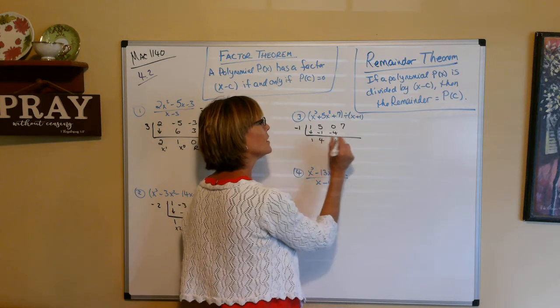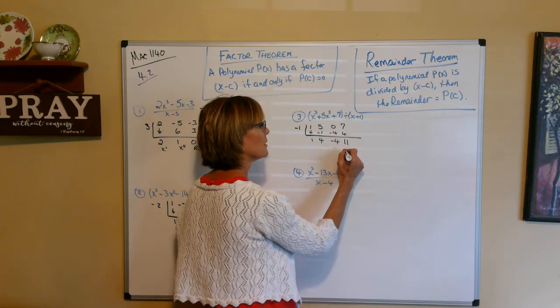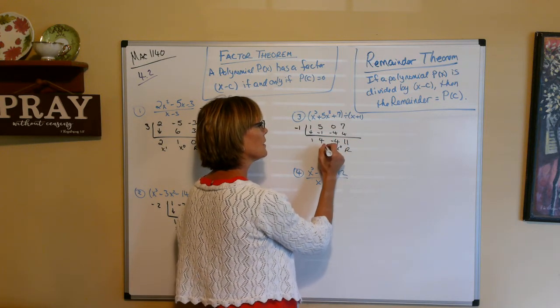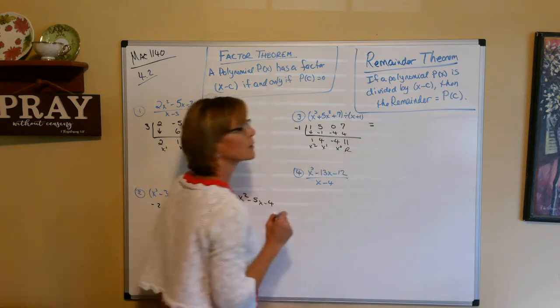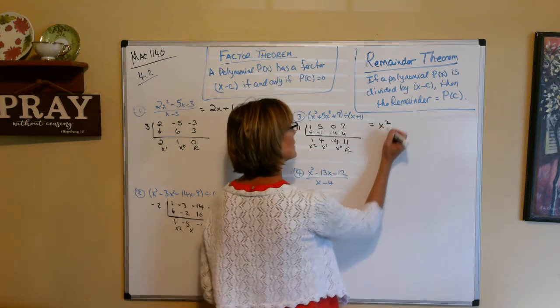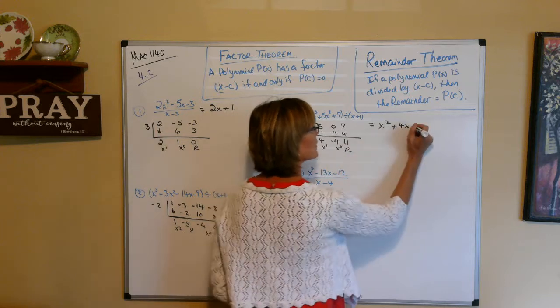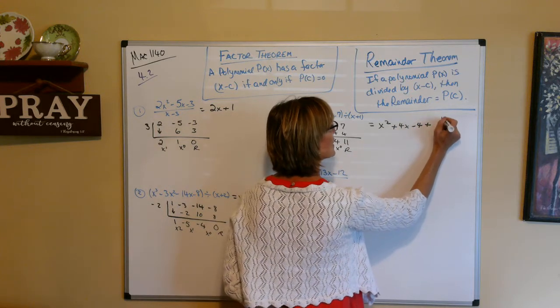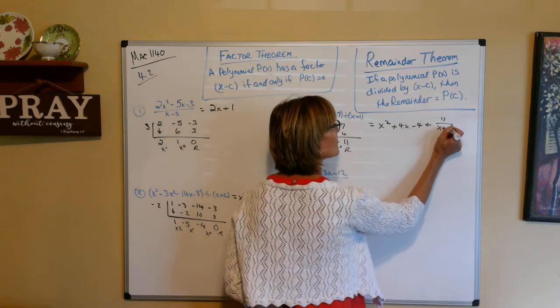Negative 4 times negative 1, 4. 7 plus 4, 11. Interpret. Remainder, x to the 0, x to the 1, x squared. That means that this polynomial divided by that polynomial is equal to 1x squared plus 4x minus 4 plus 11, the remainder, over what I'm dividing by, x plus 1.